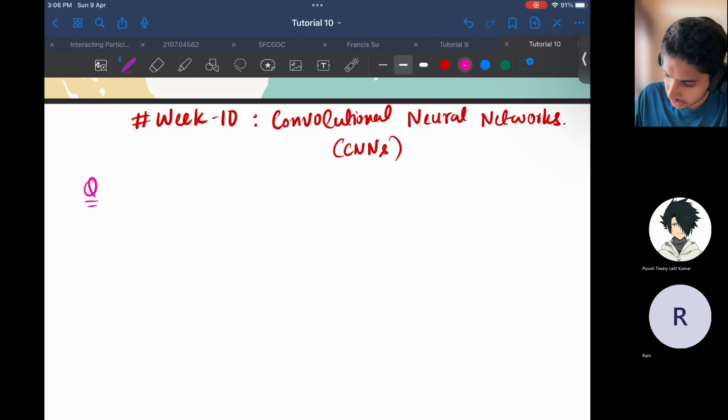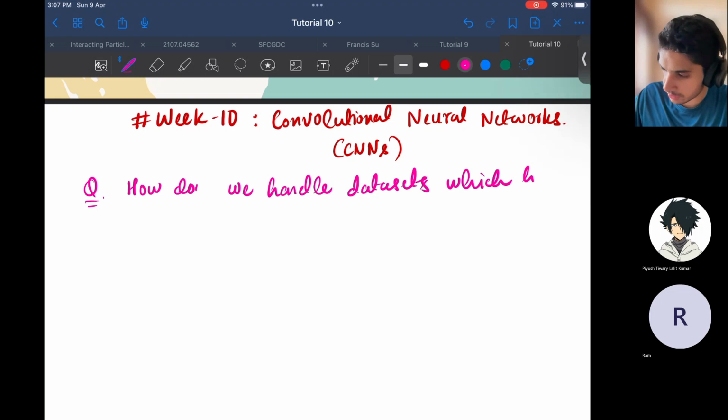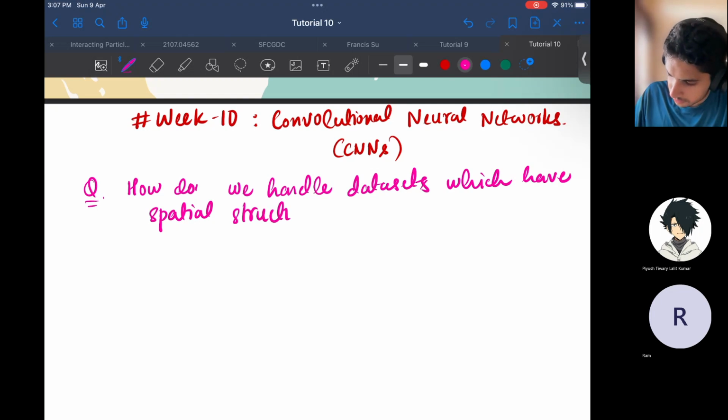The broad question was, how do we handle data sets which have spatial structure, or you can also call it local structure?